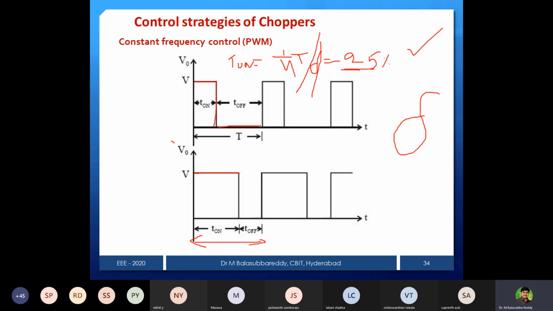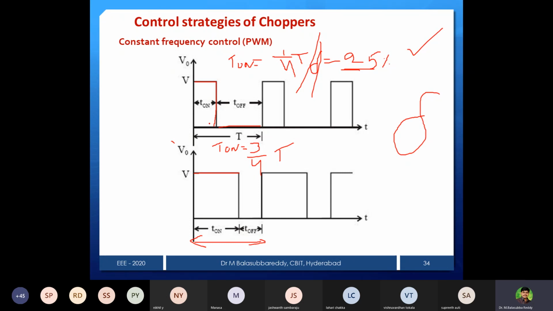Here the off period is more and the on period is less, but here the on period is more and the off period is less. The on period here is just 3 by 4th of the total period.